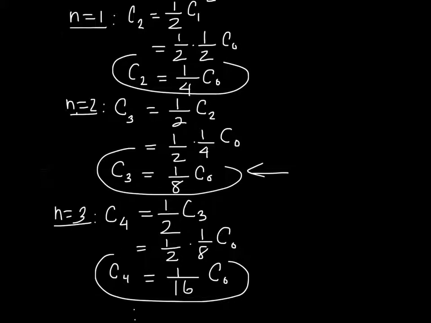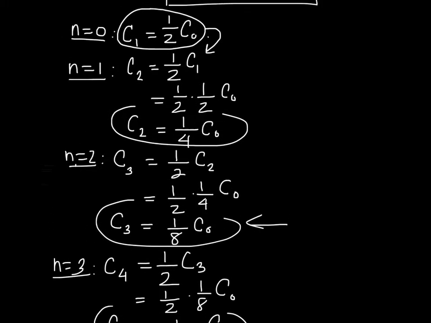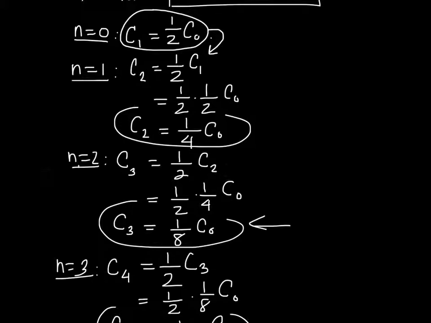Because this is going to help in other examples as well, C2 was really a half times a half, or you can say 1/2 squared, C naught.